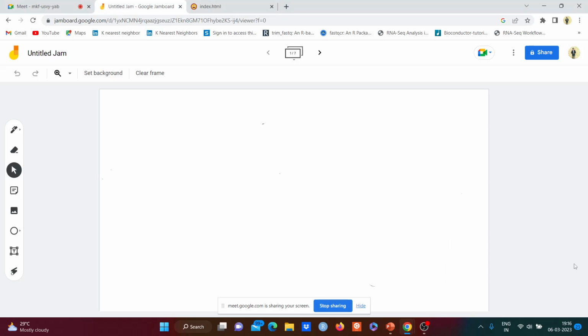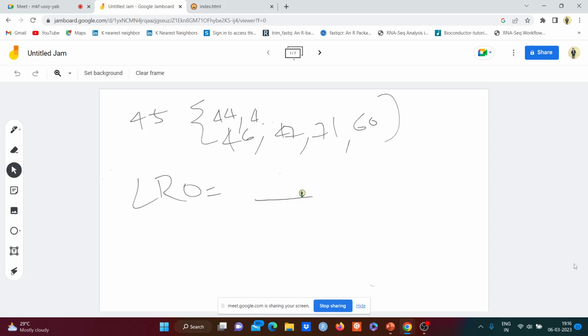Yeah. Okay. Now we have residue 45, which is interacting with 44, 46, 47, 71, and 60. So according to that formula, long range order will be divided by the number of residues, that is 50.